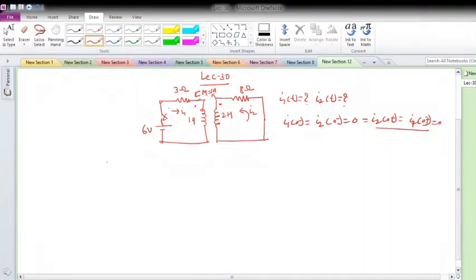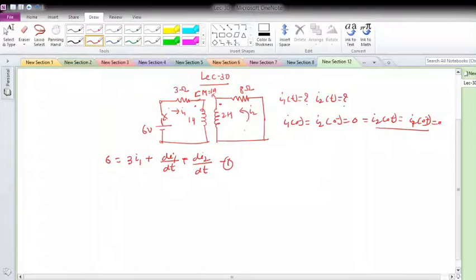Let me write the equation for coil 1. 6 will be equal to R1 I1, so 3 I1, plus L1 di1 by dt, which is 1 di1 by dt, plus the EMF due to mutual inductance, which is simply 1 di2 by dt.